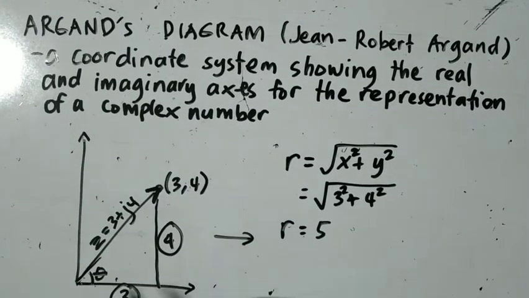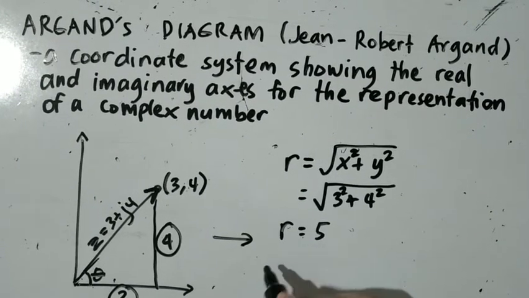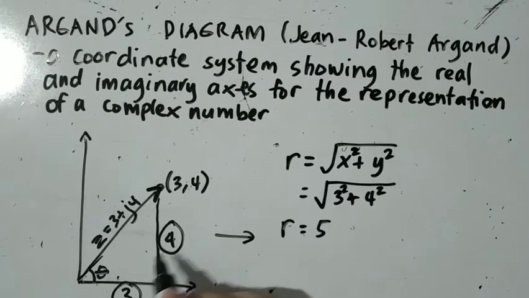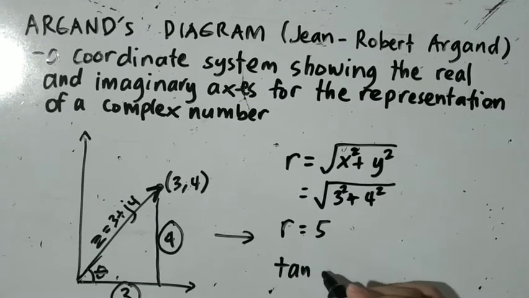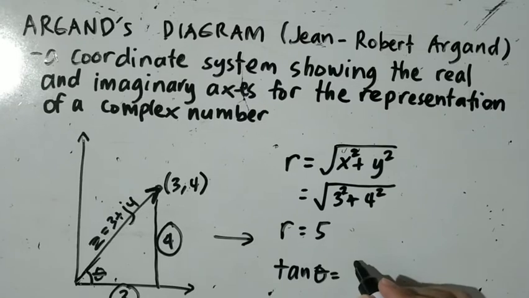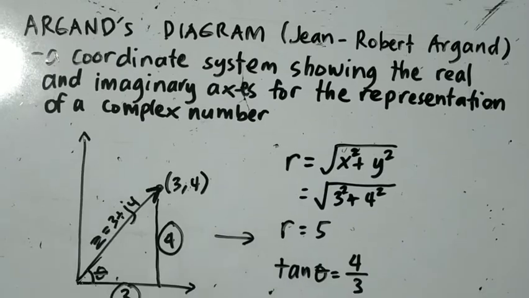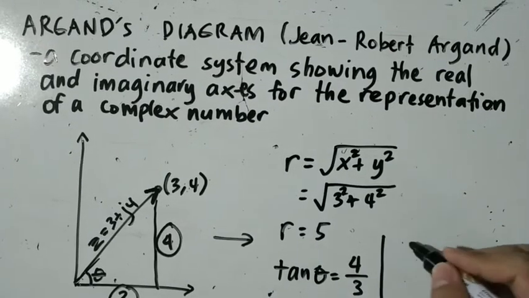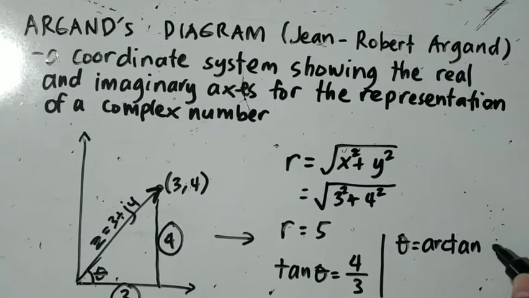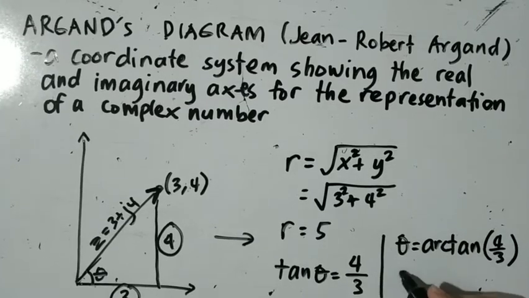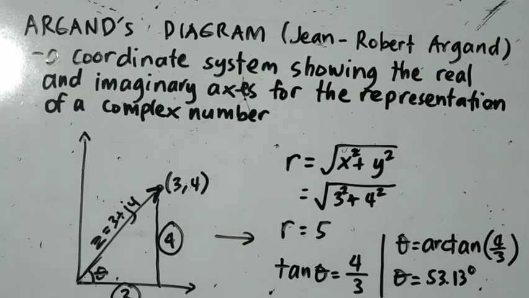And then we obtain theta. If you remember, the trigonometric function for the opposite side and the adjacent side is tangent. So tangent theta is equal to opposite over adjacent. The opposite is 4 and the adjacent is 3, which means theta is equal to arctangent of 4/3, which is 53.13 degrees.